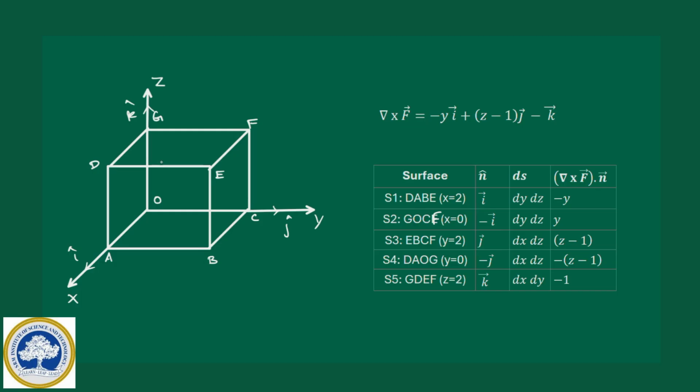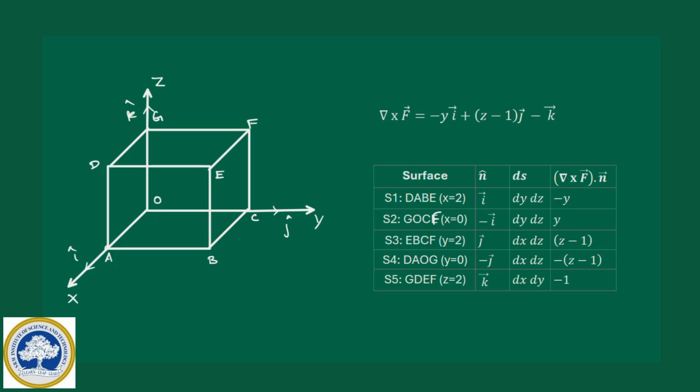Apart from that, here we have mentioned x = 2 for surface S1. Why have we represented x = 2? If you see the front portion of the cube, it is parallel to the YZ plane. It is parallel to the backside surface. The backside surface is exactly on the YZ plane, but the front portion is parallel to that, at a distance x = 2.